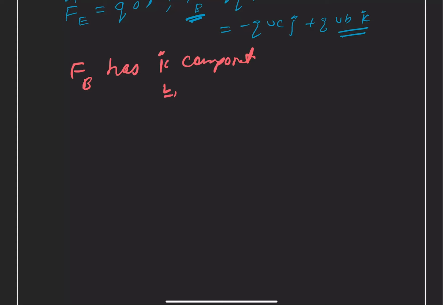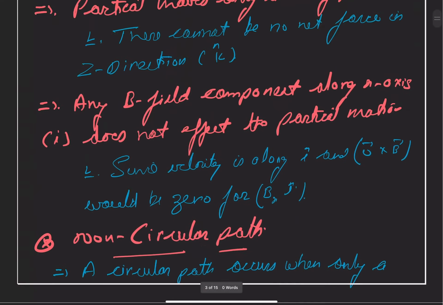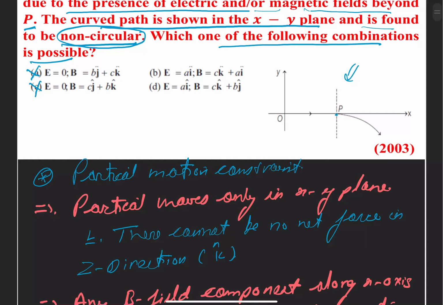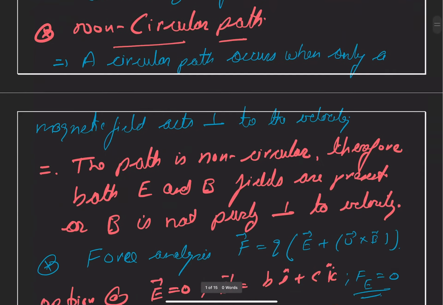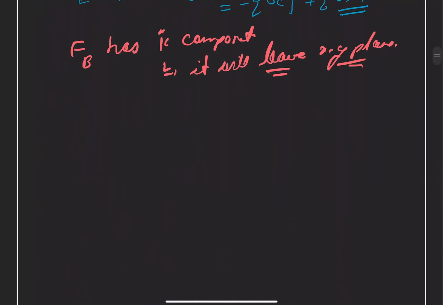Therefore, it will leave the xy plane. So this option is also incorrect. So D option is also incorrect. Only option correct is option number B. So option B is correct.